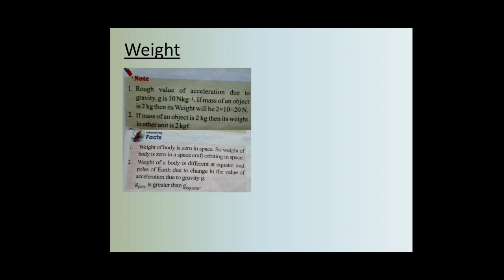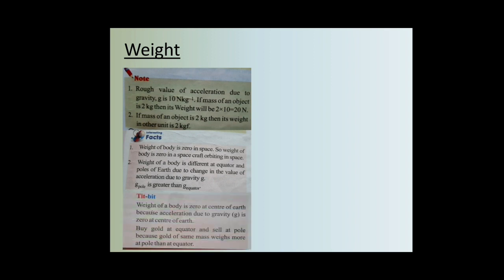The pull of the earth becomes 0 because you are already at the center, and when you are at the poles you have the maximum gravitational pull, because the earth is trying to attract you towards its center. So when something is at the poles, it will weigh more as compared to the equator, right?